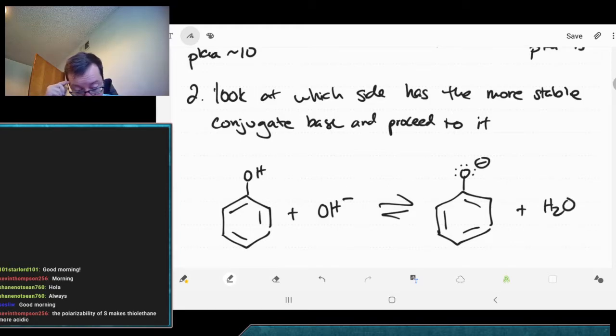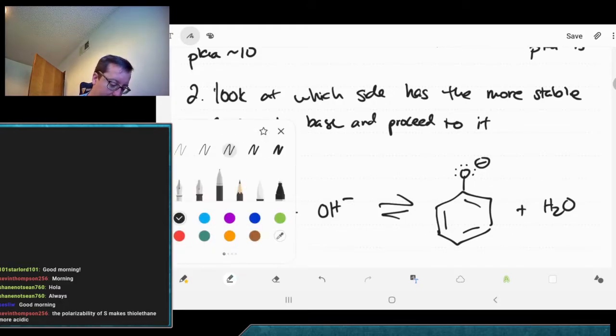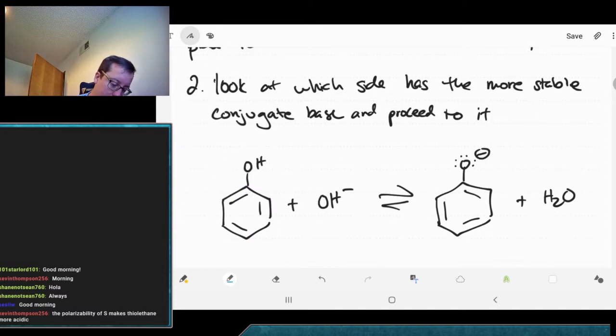Okay. Let's take a look at this one. You can look at it both ways. Let's take a look at the conjugate bases first. If we're looking at the conjugate bases, let's apply our Cario idea. Neither is cationic. Atomic identity is next. They're both on oxygens.